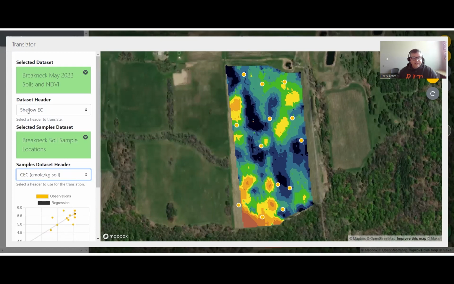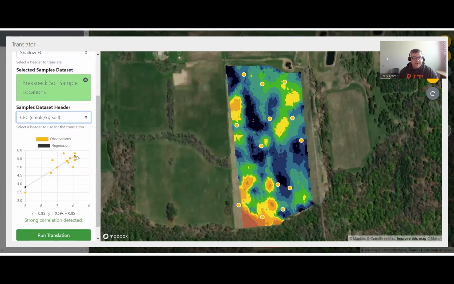If we look at that, comparing shallow EC with CEC, we see this really nice relationship, as we should. So we could use that. We could translate the EC map into a CEC map or a cation nutrient holding capacity map, which would help drive some of our fertilizer applications if we wanted to do that variable rate.